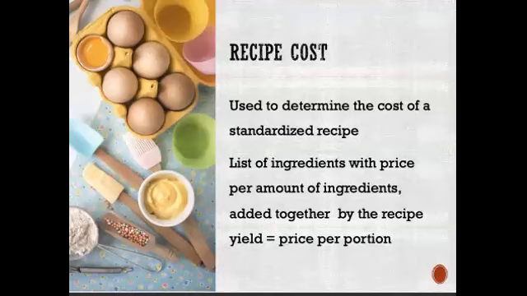So that would be your standardized recipe. Now you're going to create a table, which I'm going to show you in a couple of slides, with the list of ingredients, with price per amount of ingredients. And once you add it all together and divide it by the number of portions, you get your price per portion.